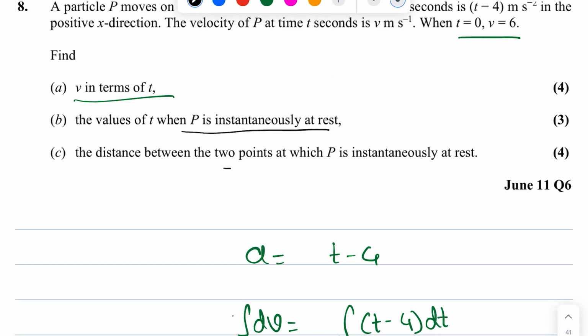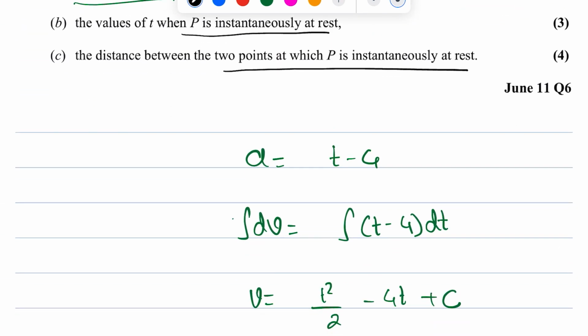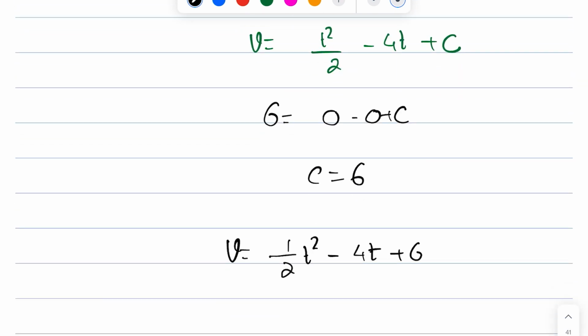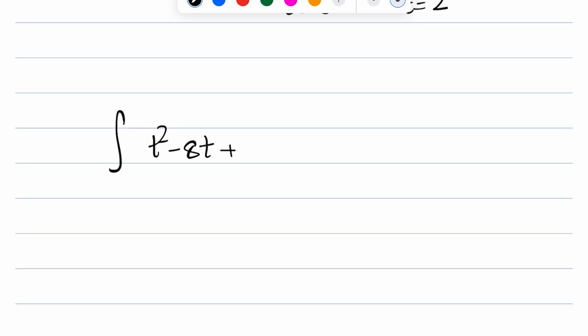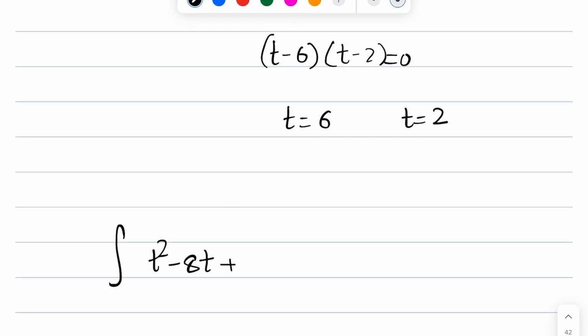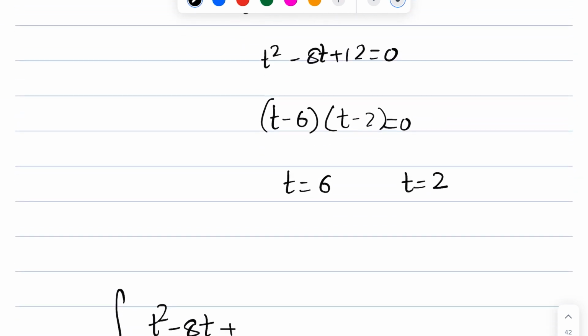Find the distance between the 2 points at which the particle is instantaneously at rest. So distance means integration. The integral of t squared minus 8t plus 12 can be taken between the times 2 to 6.